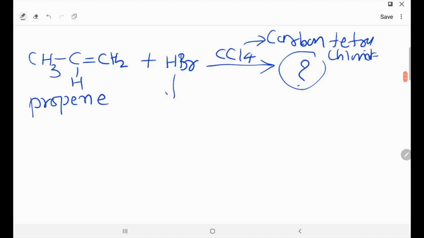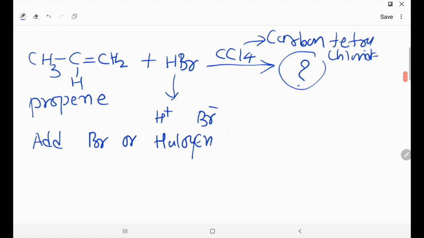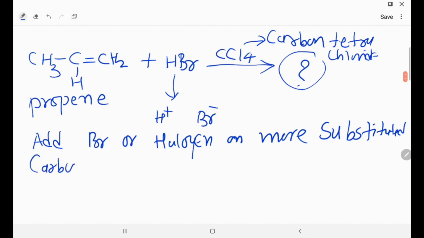In this case you will generate H plus and Br minus. Now, dear students, please remember: add Br or halogen on the more substituted carbon.